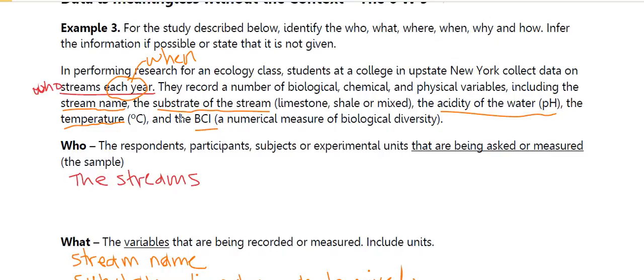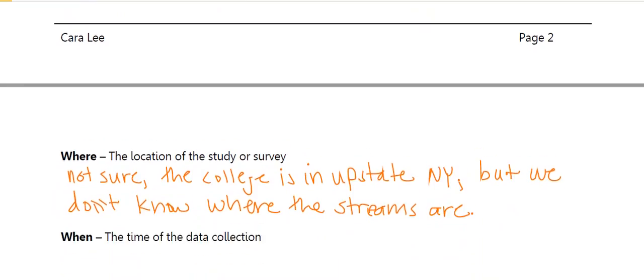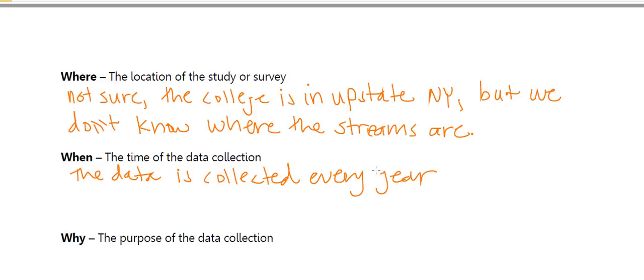So this is something that they're collecting over time, but we don't know what year they're in right now. The data is collected every year. Ideally, it would have to be the same time every year in order to compare.